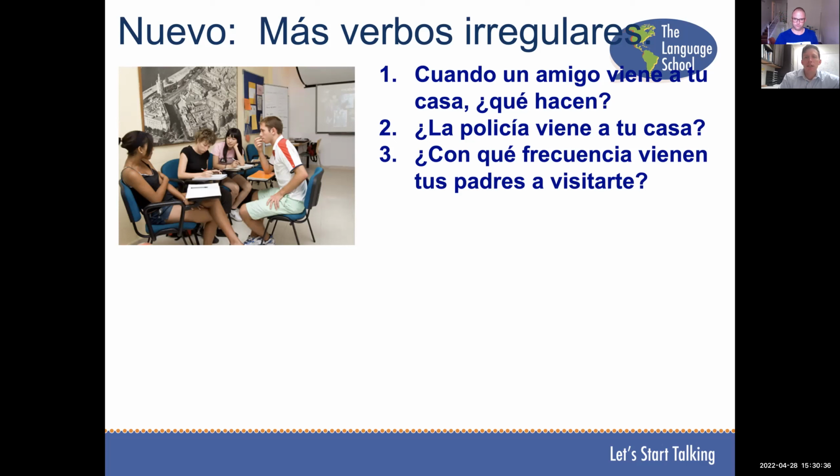Mis padres vienen 3 o 4, a veces 3 o 4. Is it a veces 3 or 3 a veces? A veces means sometimes. Oh, okay. Veces means times. So you want to say 3 veces por año. 3 veces o 4 veces por año. Ahí está, muy bien.